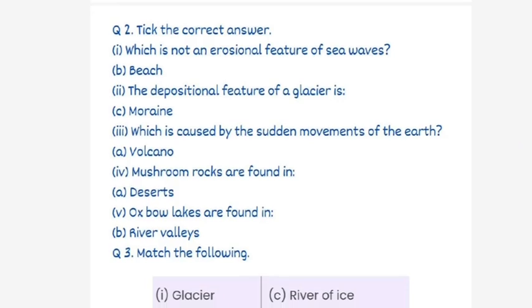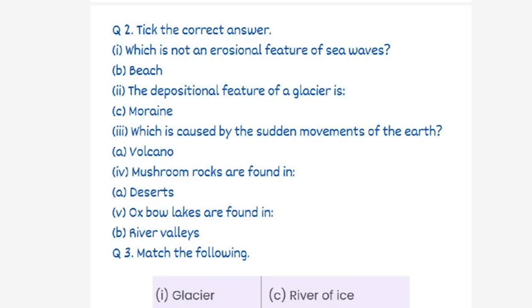Question number 2. Tick the correct answer. Sub-question 1.